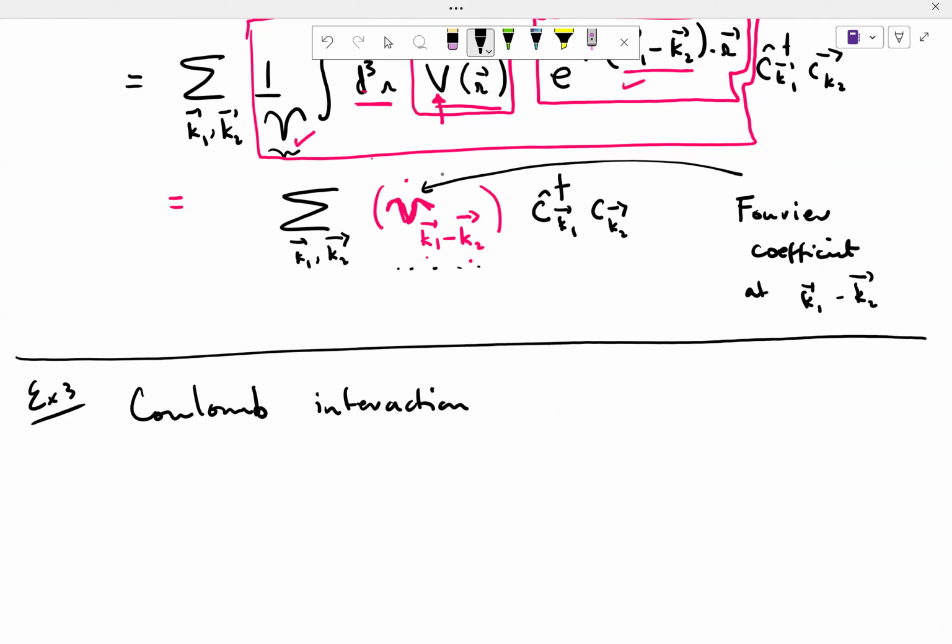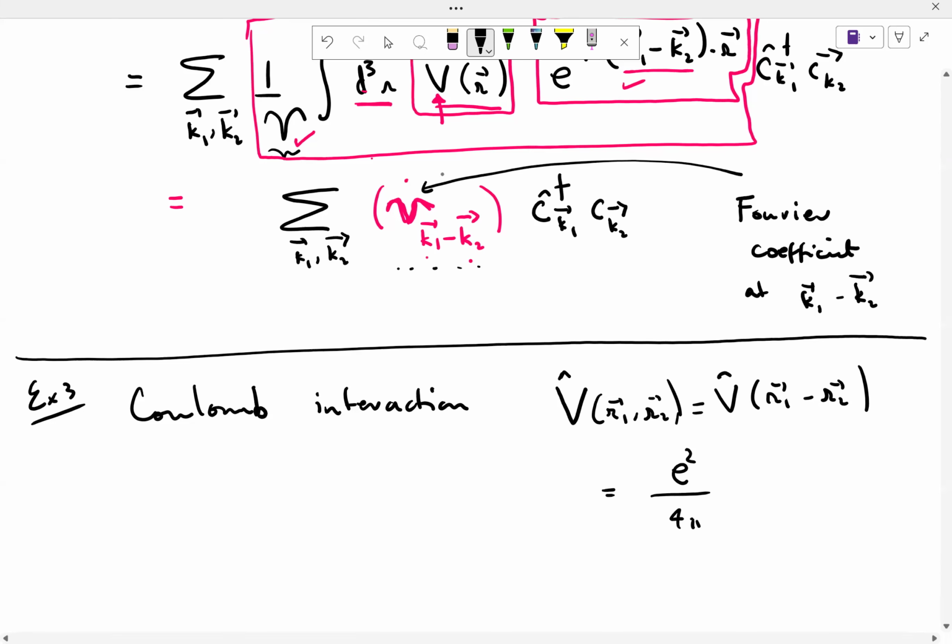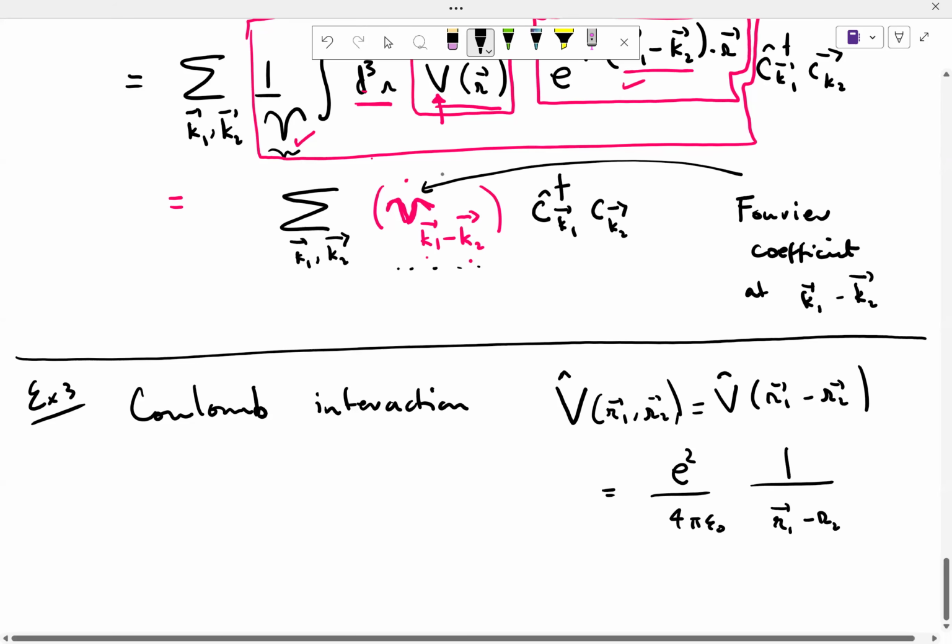So first of all, my Coulombic operator, if I look at the term in my Coulombic operator, this depends upon R1, R2, right? Two variables. So it's a two particle operator. It actually depends upon the difference between R1 and R2. And its form is given by e square over 4 pi epsilon naught, 1 over the distance between two electrons.